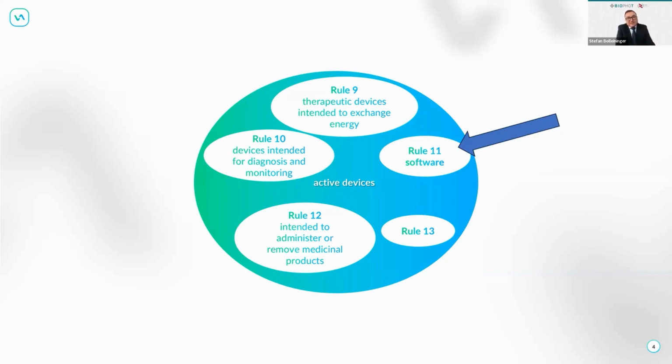However, all others, which are just apps, for instance, on a smartphone, have been class 1 devices, which was very good from the market access standpoint. However, it was quite hard for patient safety.